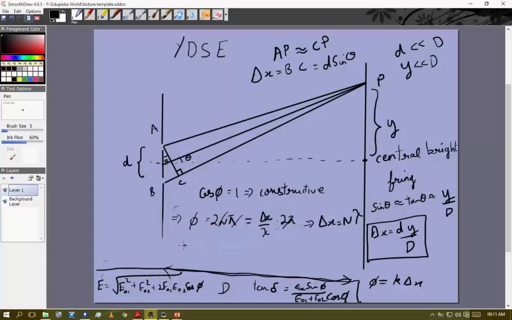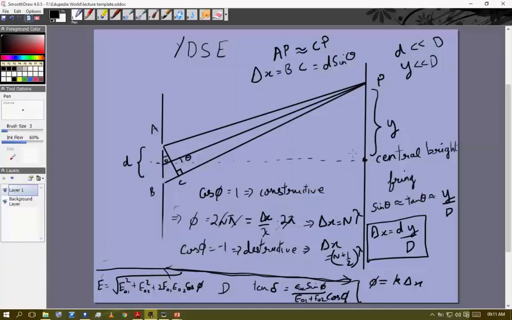For destructive, cos phi is equal to minus 1, and you can easily check that delta x is equal to (n plus half) lambda. Constructive interference will give rise to bright bands, destructive interference will give rise to dark bands.